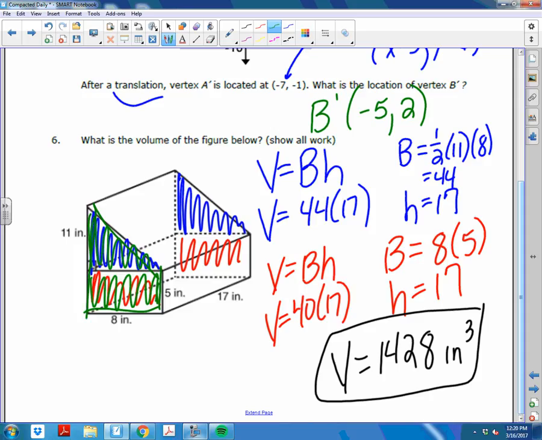Then you just multiply it times the distance between the bases. So you would still be doing area of the base times the distance between the bases, and that's perfectly valid. You're going to see as y'all move up, there are a lot of different ways to deal with these things. Just make sure your way is mathematically sound.